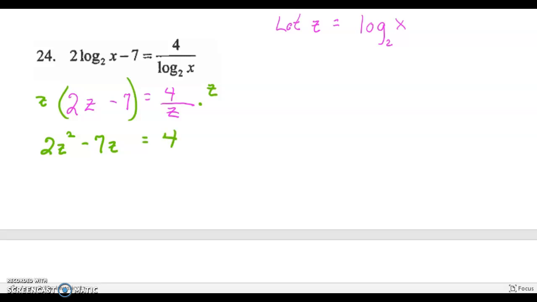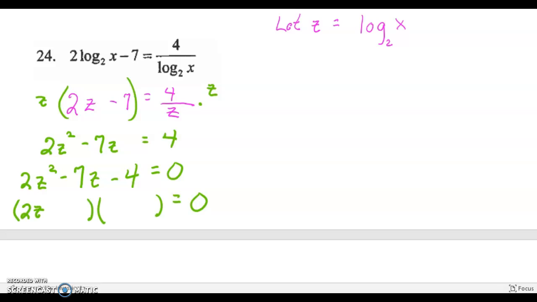And I'll bring the 4 over. 2z squared minus 7z, I'll have to subtract 4 from both sides. Factor. We're going to be solving and finding z. So we have 2z times z gives me 2z squared. Two numbers that multiply together to give me a negative 4 could be a positive 1 times a negative 4.